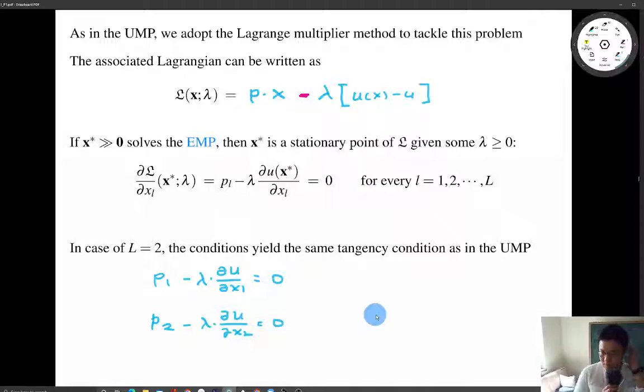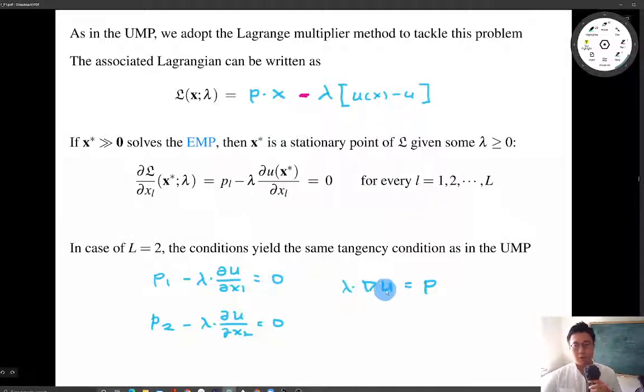So just as we did before, we can combine these two conditions using vector form. So now lambda times the gradient of u, the collection of these two derivatives, equals the price vector p. So the only difference compared with the previous condition is that in case of a UMP, we have a Lagrangian multiplier on the right.